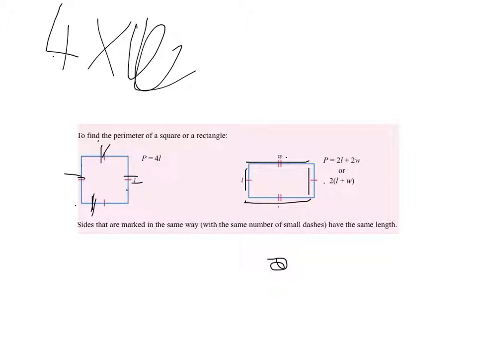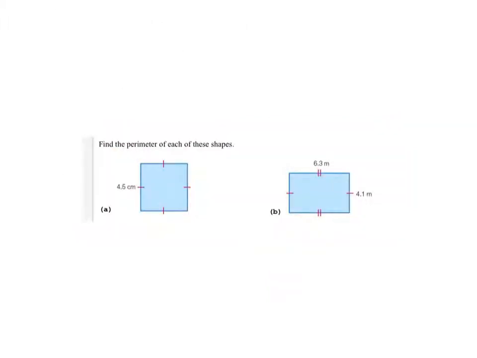All right, let's go to our next slide. All right, so this is an example. Find the perimeter of each of these shapes. Now remember we said if they've got the same lines all the way around, it says that this one's 4.5 centimeters. So that's 4.5, that's 4.5, and that's also 4.5. So we're going to go P equals 4L because they're all the same.